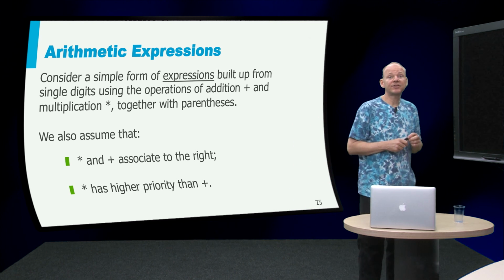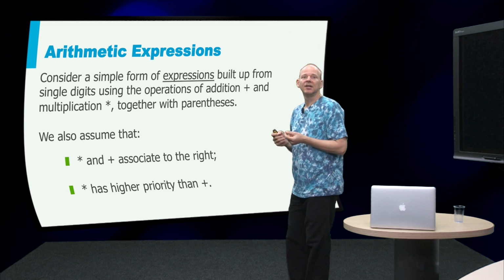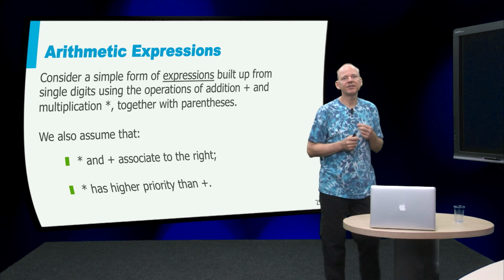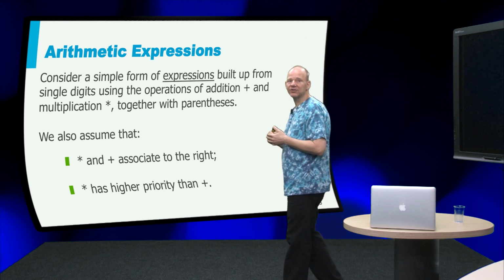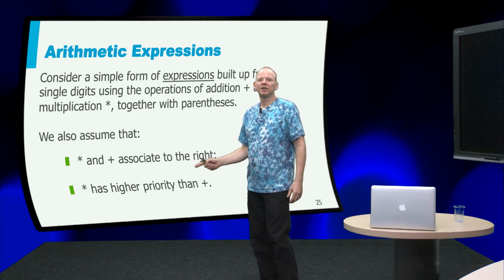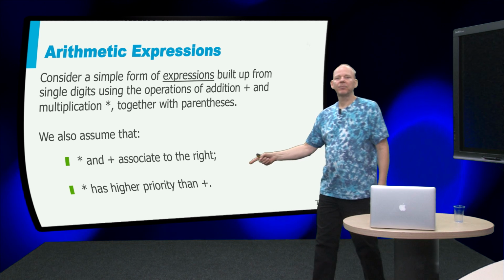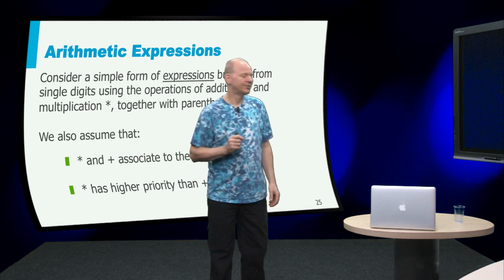Here are the expressions that we're going to parse. We want simple expressions that are built from simple digits with addition and multiplication. Expressions can be parenthesized, and moreover, we want times to bind stronger than plus, and we want both of them to associate to the right. So what does that mean?